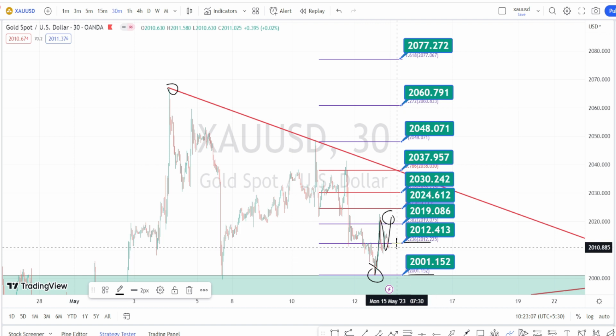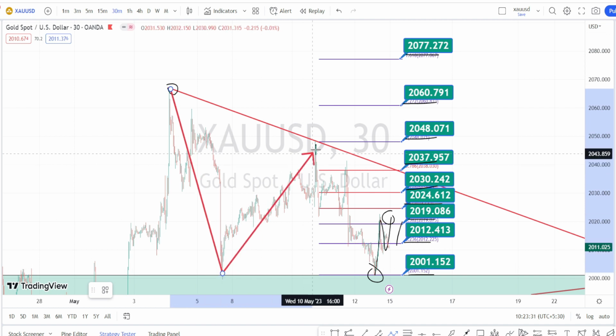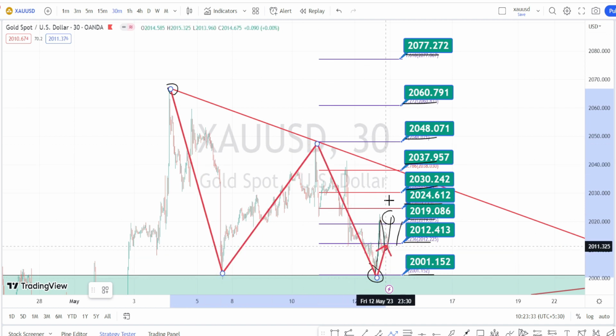Once this resistance level is breached, the next levels of resistance are going to be around 2019, 2024, 2030, 2037, 2048, 2060 and 2077, which means that the price action will be making a double bottom pattern.